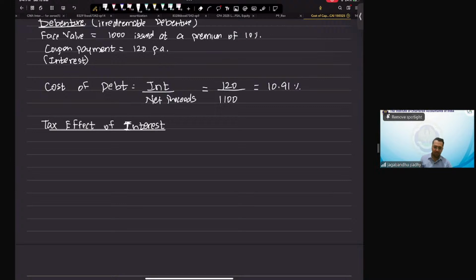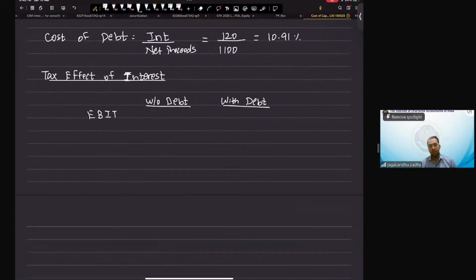Now, what is this tax effect of the interest? Suppose we had a company which was without any debt, and we have another company which is having some amount of debt. Both companies are having a similar EBIT, which is earnings before interest and tax.